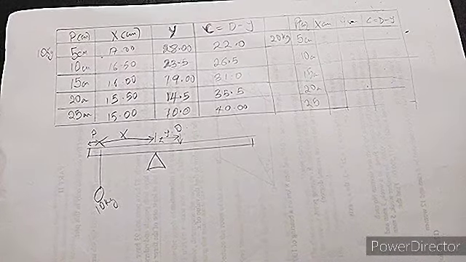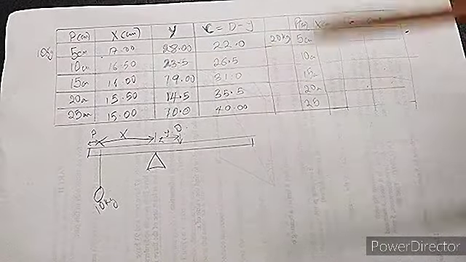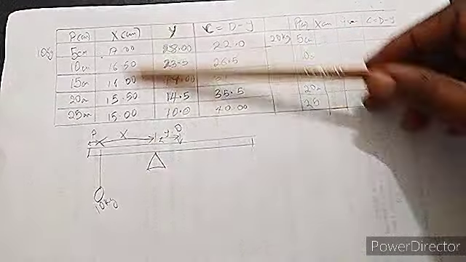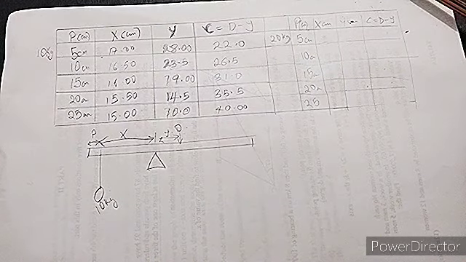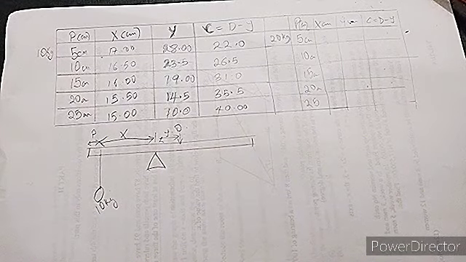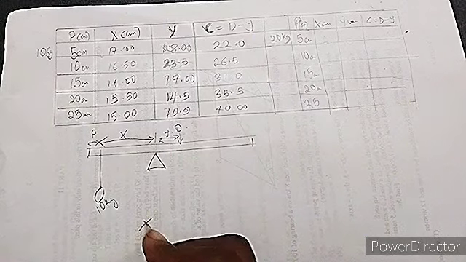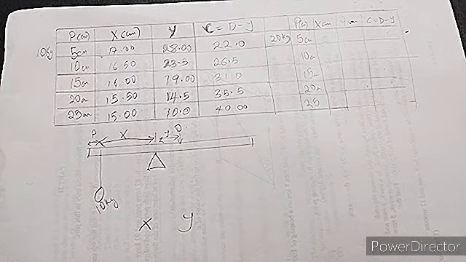So I was able to formulate these values. This is not the actual values of the experiment. I just was able to formulate some figures so that we'll be able to plot our graph. So we're expected to plot a graph of x against y, right?